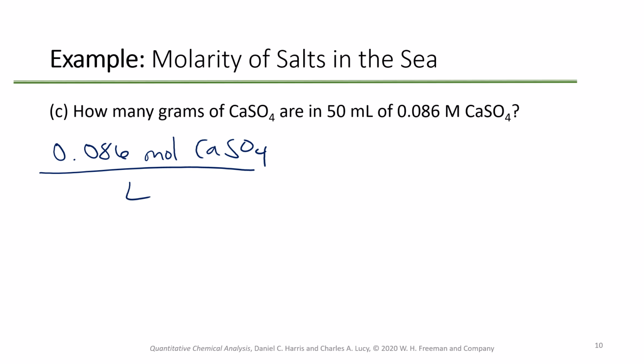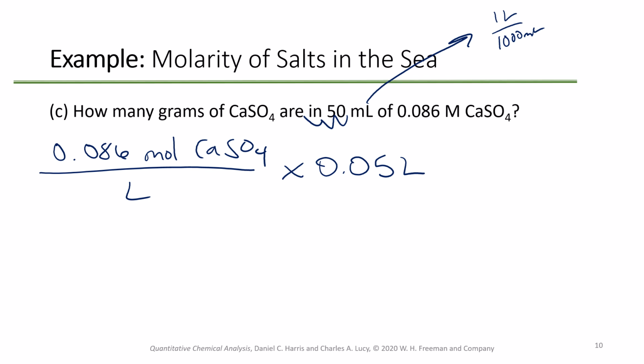So I want to go from moles per liter to just moles and then grams. To do that, I have to get rid of the liters on the bottom, so I have to multiply it by liters on the top. So I need to convert 50 milliliters into liters by dividing it by 1,000, or just moving the decimal place over 3 times.